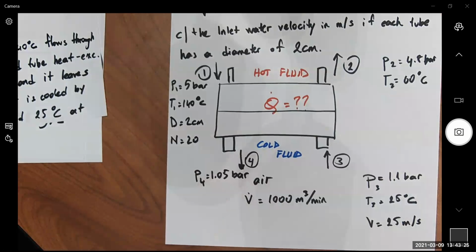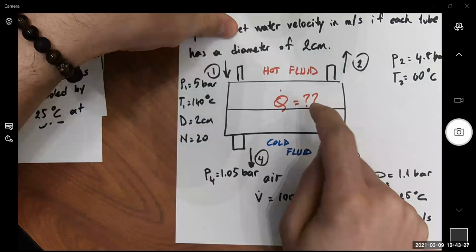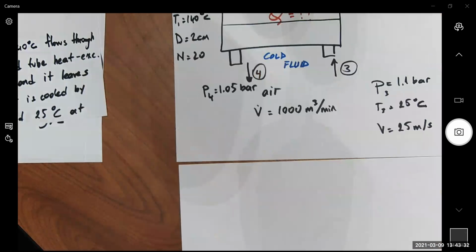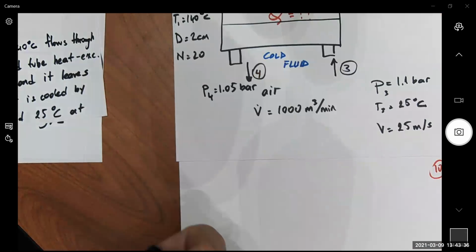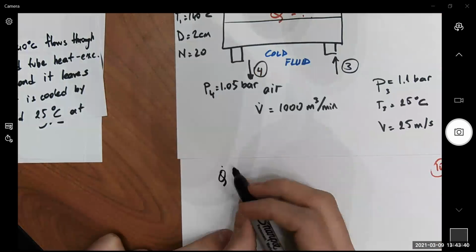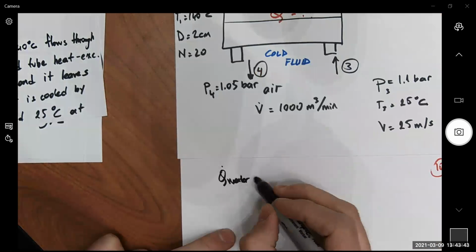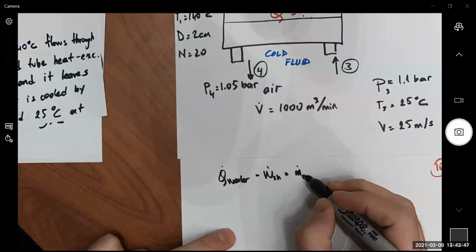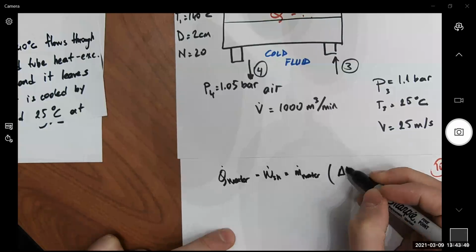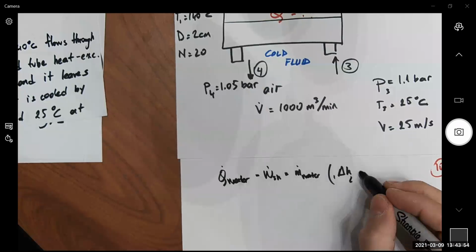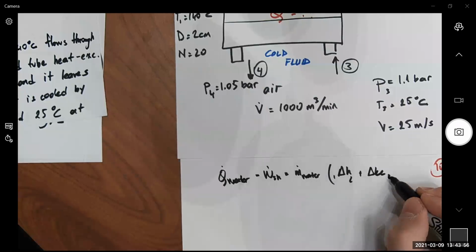Okay. Let's start finding Q. What's my Q? Q water minus work shaft equals mass flow rate of water times delta H, from 1 to 2, plus the kinetic energy difference and potential energy difference.